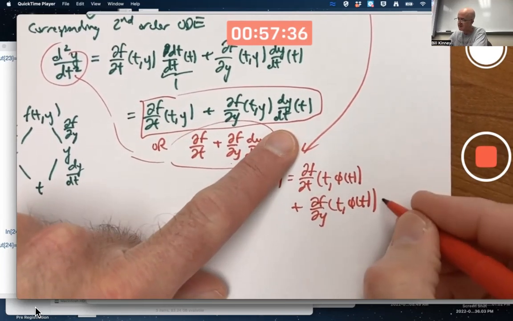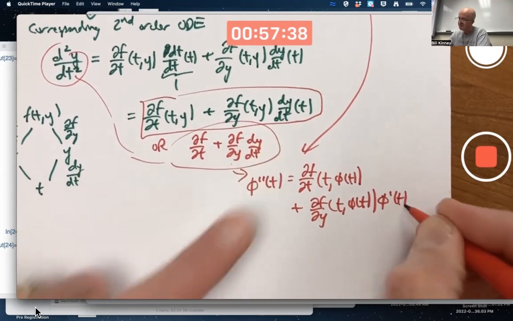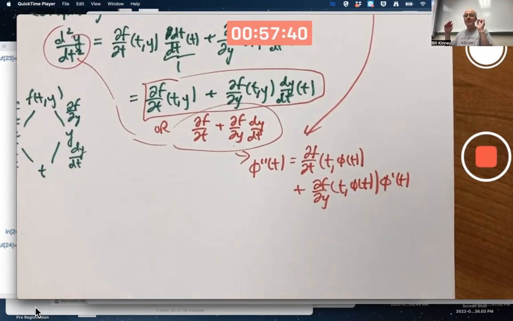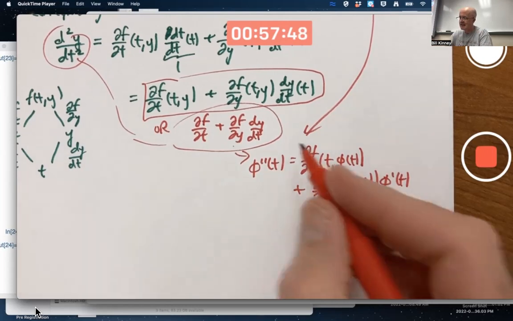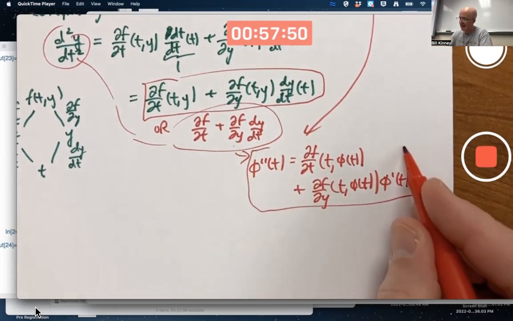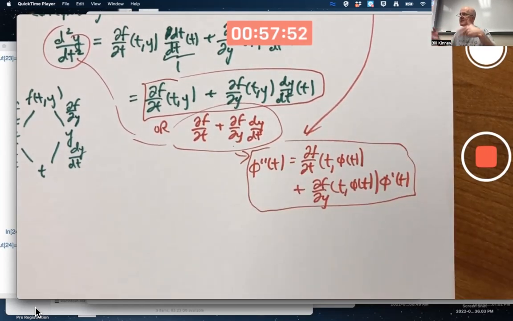And this last dy dt becomes a phi prime of t. If we use one more term in the Taylor expansion, we need information about the second derivative of a solution. And this is an equation the second derivative has to satisfy, assuming it's sufficiently nice on some open interval near the initial condition. Yeah, it's kind of complicated.